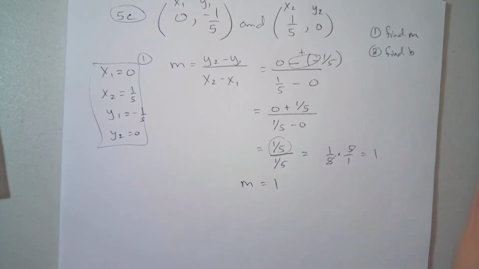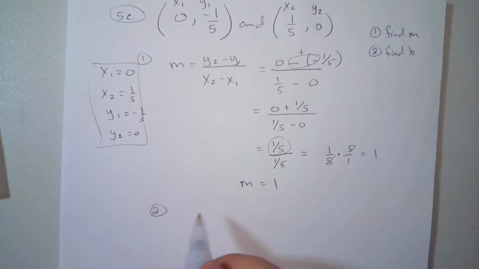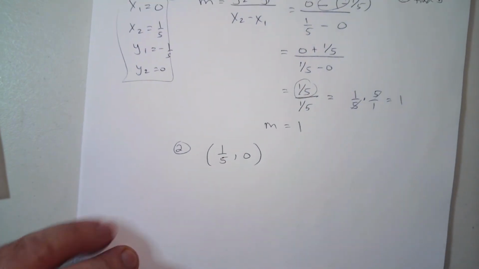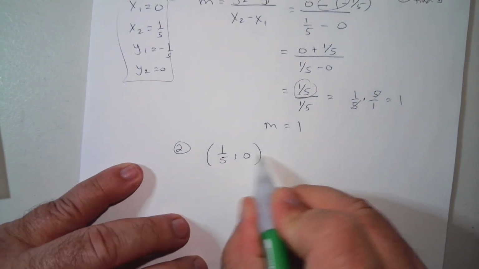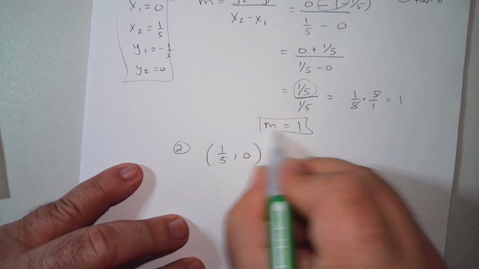Then I have to find my y-intercept. I choose either of the points. In this case, because this one's negative and this one's positive, I'd rather keep it positive. So I choose a point, and I have my slope.